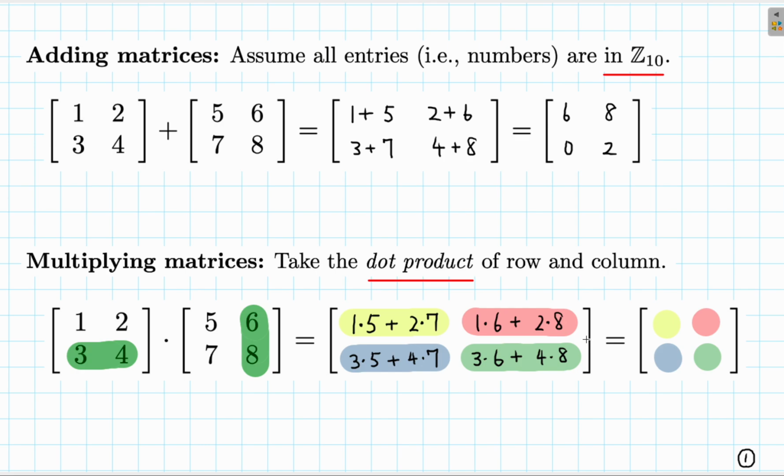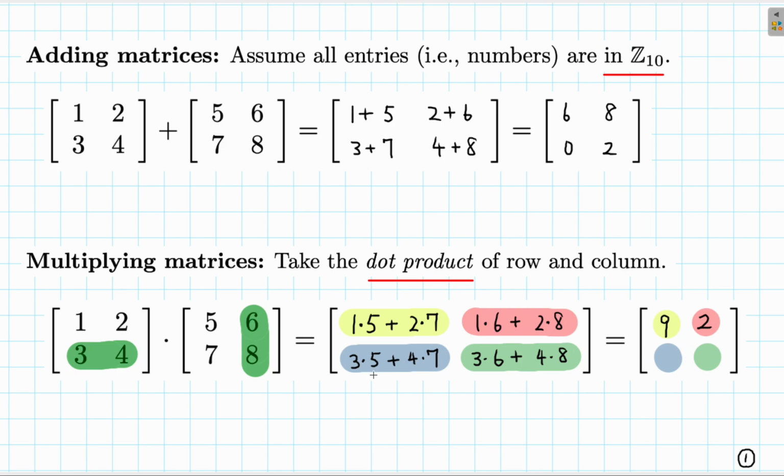So now let's compute these and reduce them mod 10, which means we only have to focus on the ones digit. So this would be 5 plus 14 or 4, so 5 plus 4 is 9. This would be 6 plus ones digit only, so 16 is 6. So 6 plus 6 is 12, which is 2 in Z10.